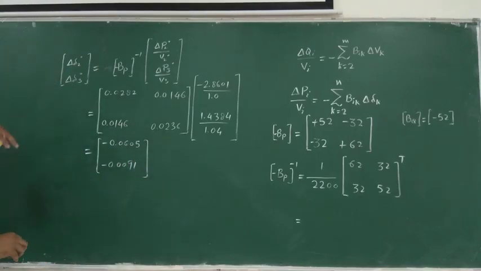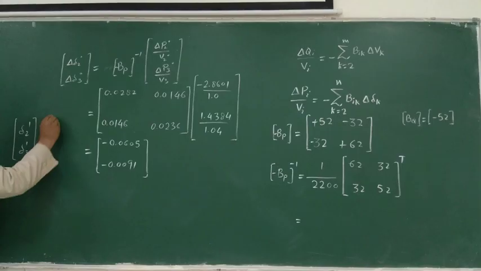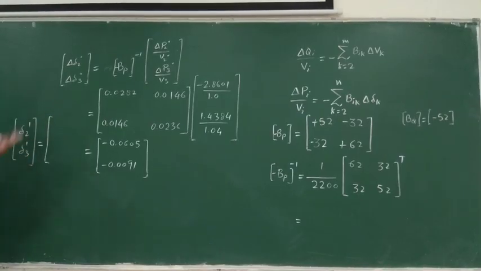So next task is to get the values of delta 21 and delta 31, isn't it? So this will be equal to del delta 20, which was assumed as 0 degree. What about this?